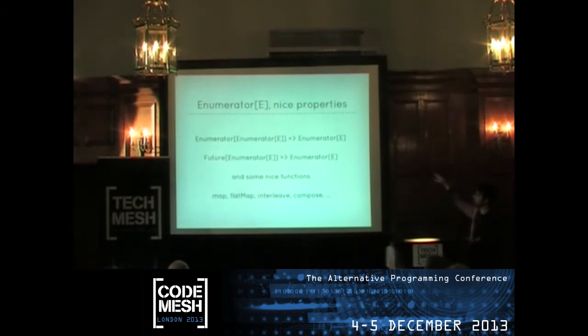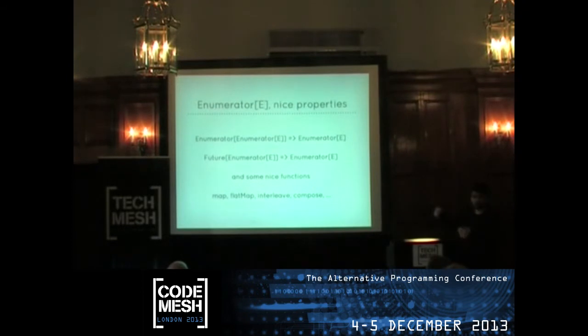An enumerator of enumerator of E, something capable of enumerating enumerators of E, well, it's just enumerating E's, right? We can flatten out this kind of structure easily, right? And if we say a future of enumerator, well, we can say it's an enumerator because eventually it will be given the iteratee, so I can flatten that out as well.